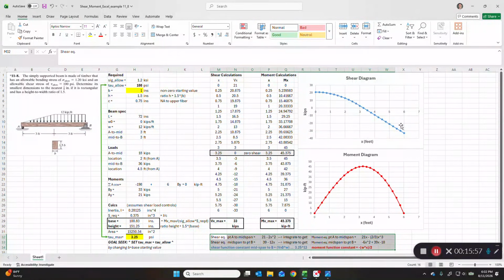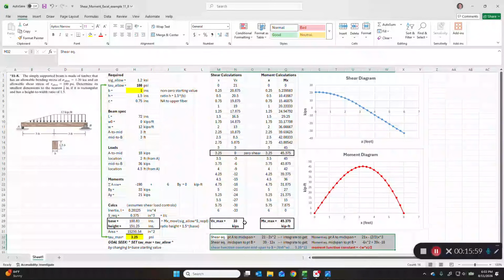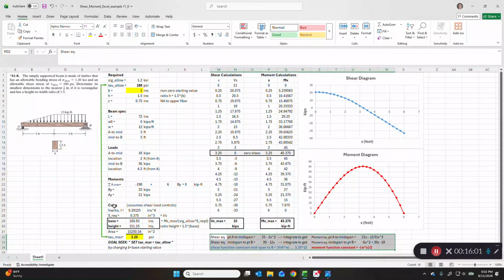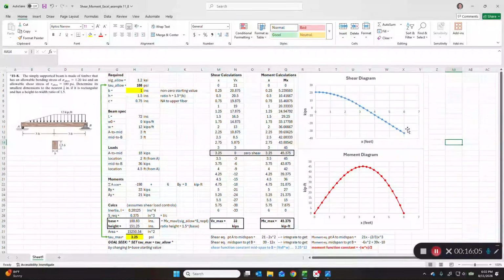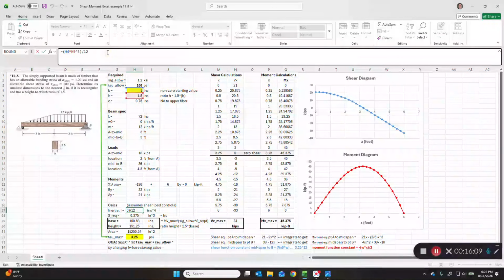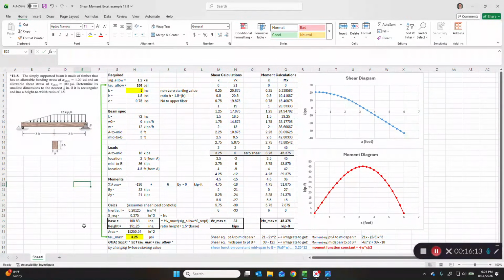So now that we have our max shear and max moment, that's what we need then to go into our calcs. So we wanted to talk about that first. So there's a lot of pre-work to get here. So what's our inertia? Inertia is 1/12 bh cubed based on these non-zero starter values. Our S required should be I over C, and I over C, I was just calculated.